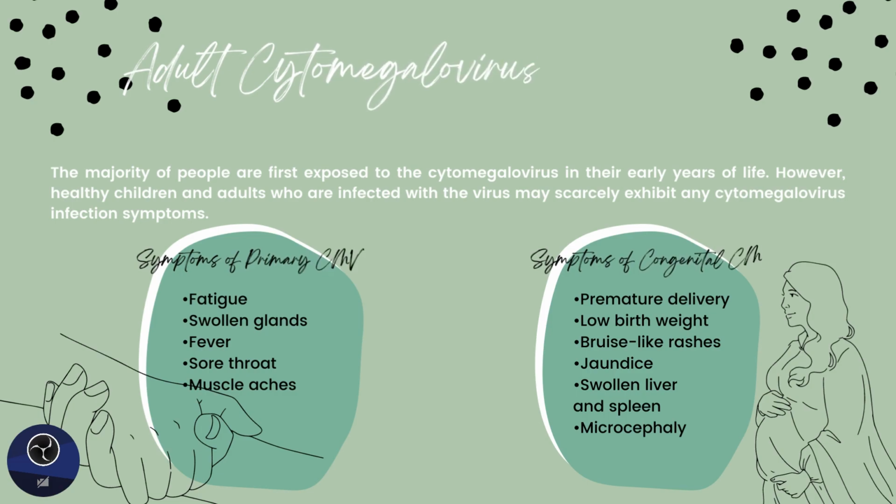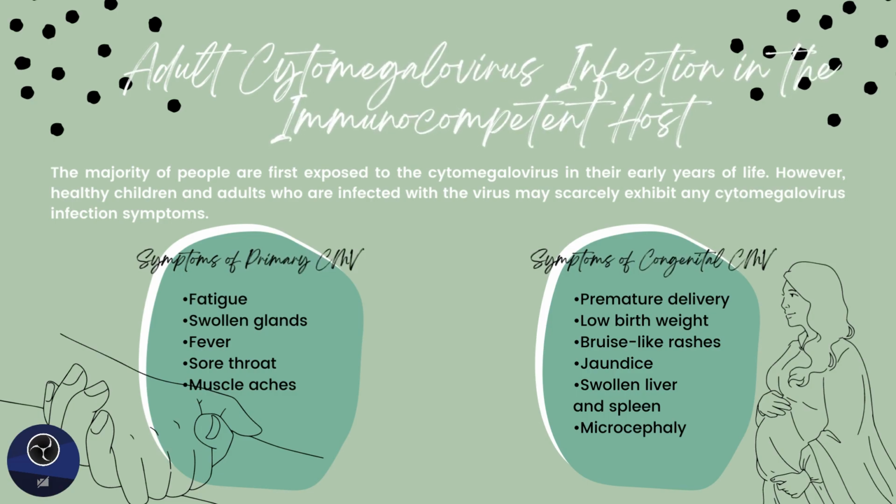Now, talking about the adult cytomegalovirus infection in immunocompetent hosts. Majority of people are first exposed to CMV in their early years of life. However, healthy children and adults who are infected with the virus may scarcely exhibit any cytomegalovirus infection symptoms.